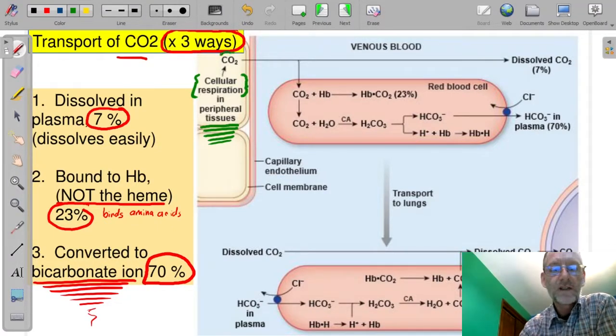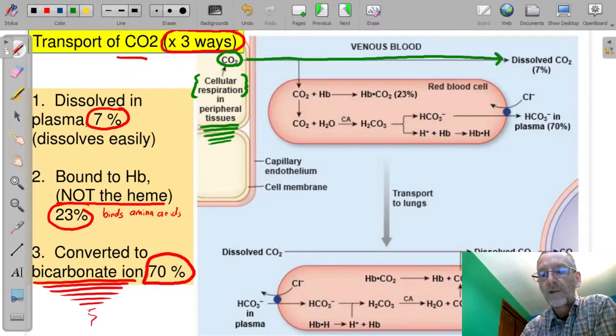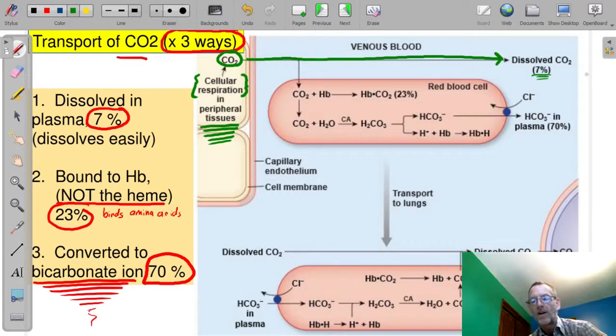So there's all the CO2 that's being produced in the tissues and goes into the blood, and about 7% of it just dissolves straight into the blood, into the water of the plasma. No chemical change. The remaining 93% enters the red blood cells.